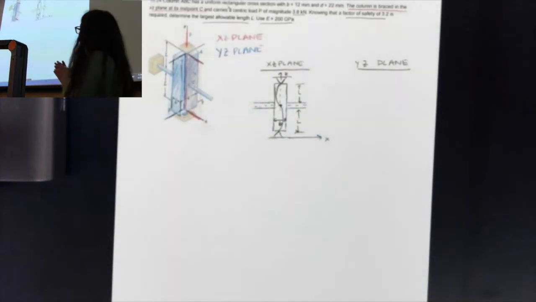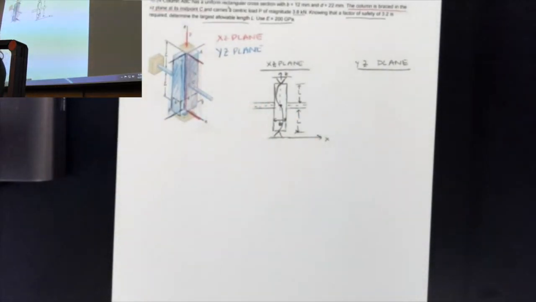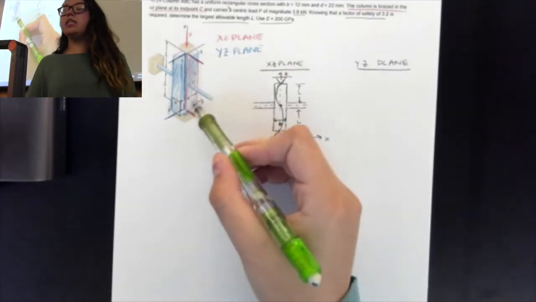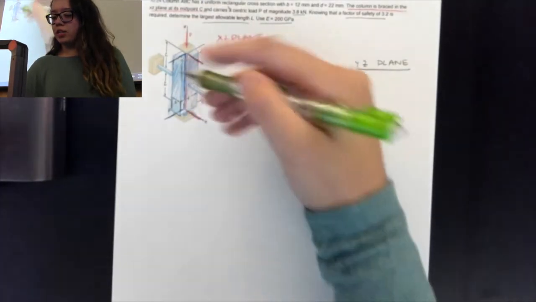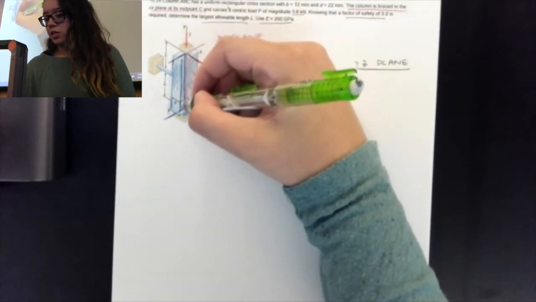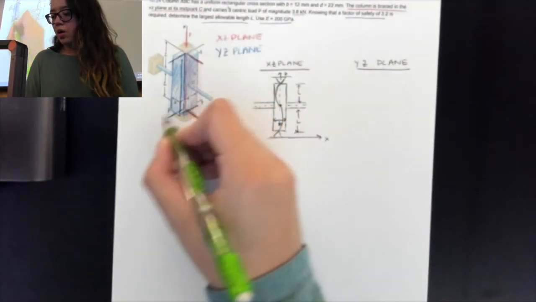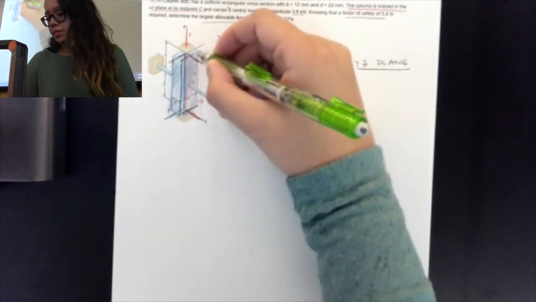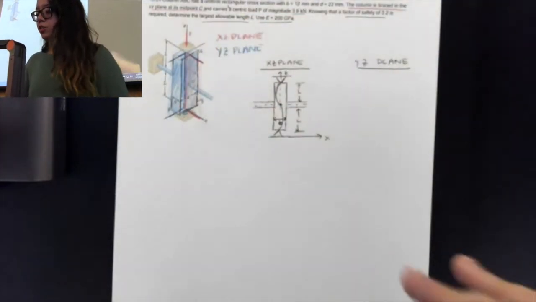We just said that our B side of our rectangle is what's parallel to the plane that we just talked about. So which side is now parallel to our blue plane? The D side, right? This bigger side right here is the one that's parallel with this plane. So that's what we're going to be looking at straight on.